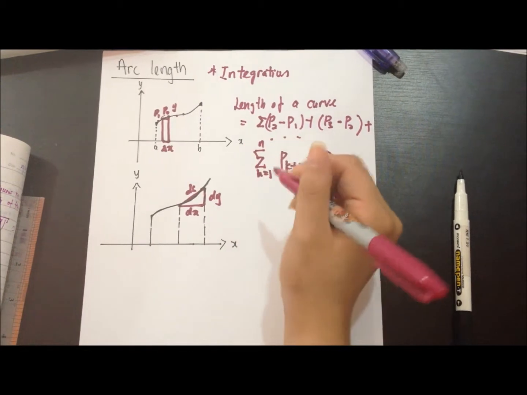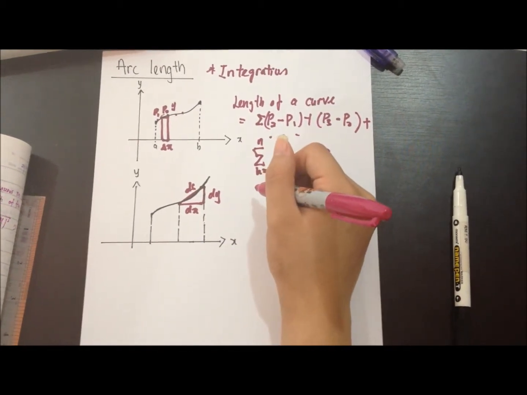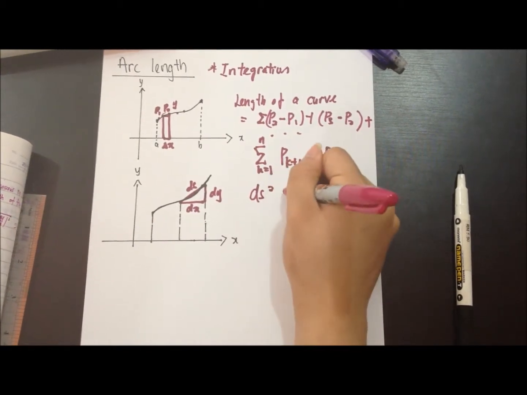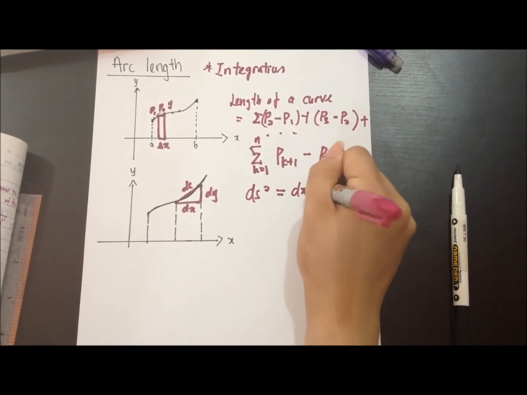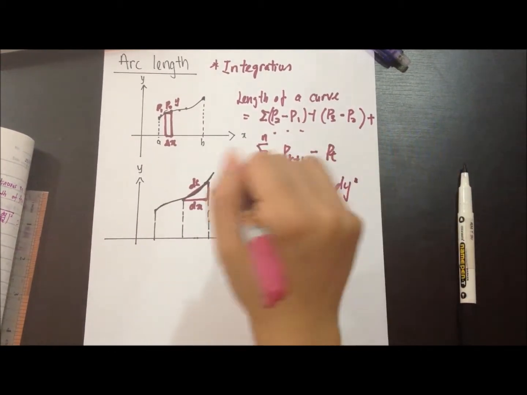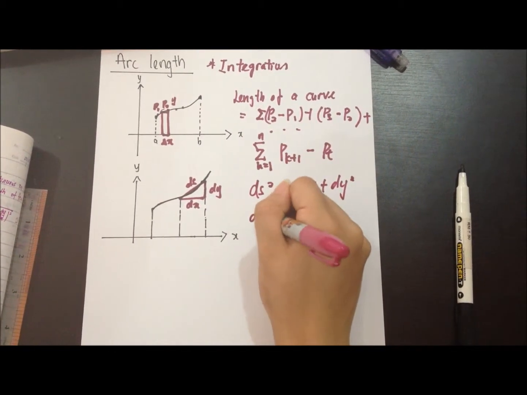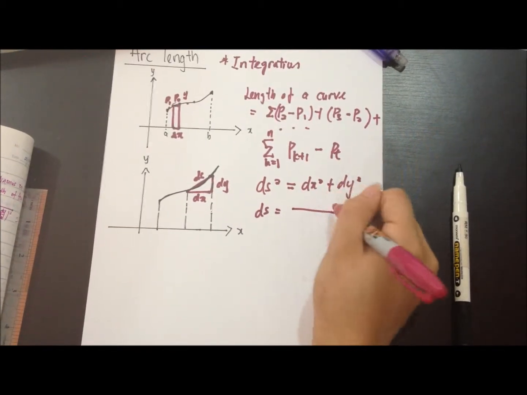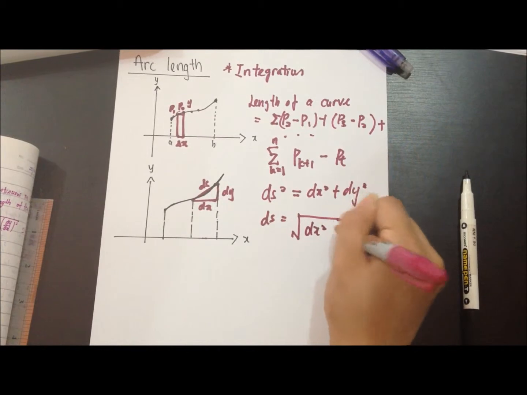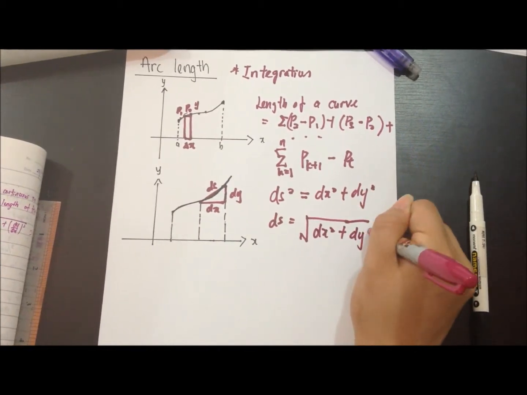Based on the Pythagorean theorem, we write ds squared equals dx squared plus dy squared. So ds is equal to the square root of dx squared plus dy squared.